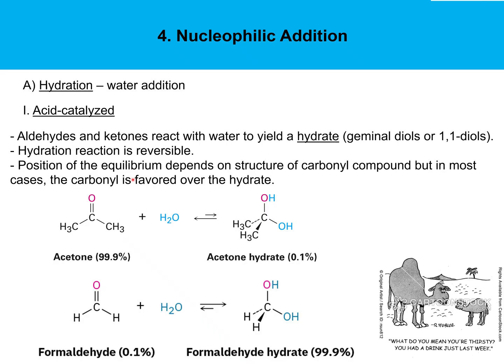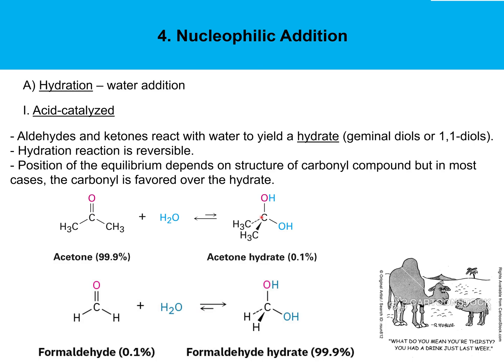When an aldehyde or a ketone reacts with water, we create a diol, a 1,1 diol, meaning the two alcohols will be on the same carbon. An example is shown here with acetone reacting with water, producing a hydrate, or a 1,1 diol, another name for it.